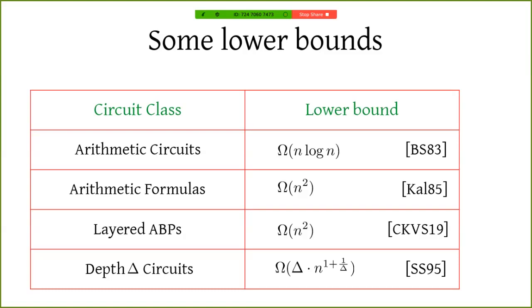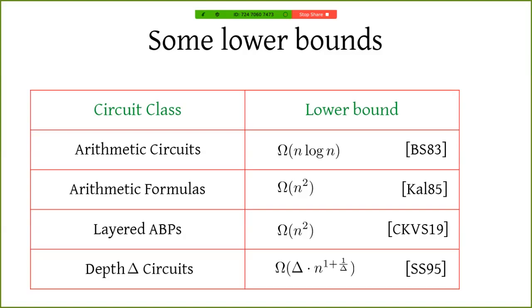Now, since it appears to be a difficult problem to prove lower bounds for general arithmetic circuits, one natural thing to do is to somehow restrict the power of a circuit and then prove lower bounds for such restricted models. One such natural restriction is restricting the depth of the circuit.